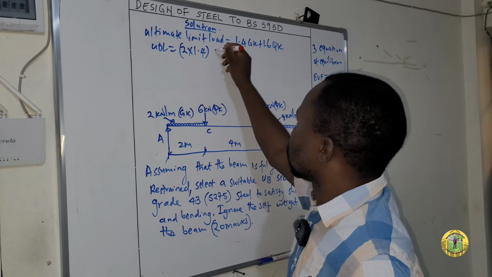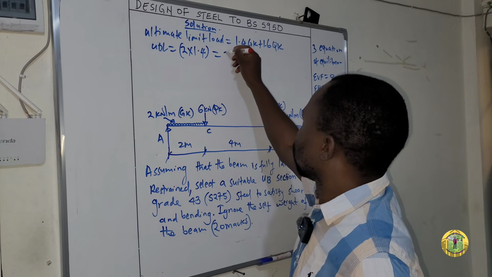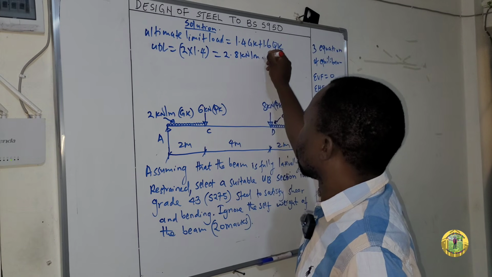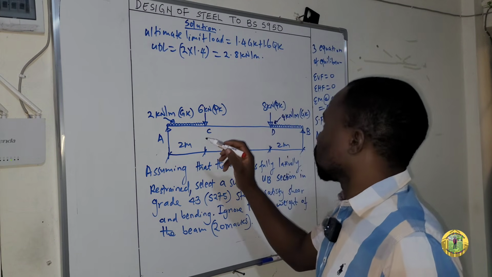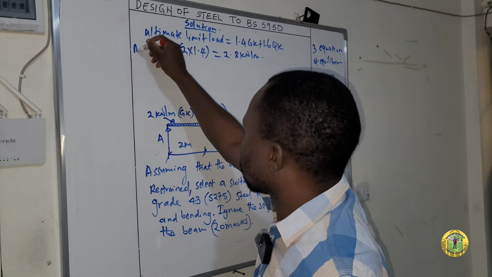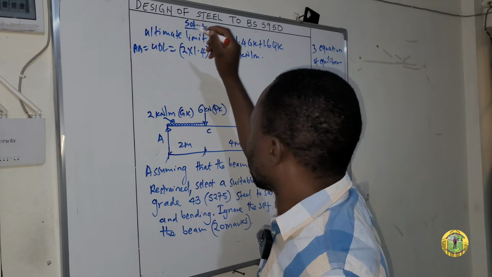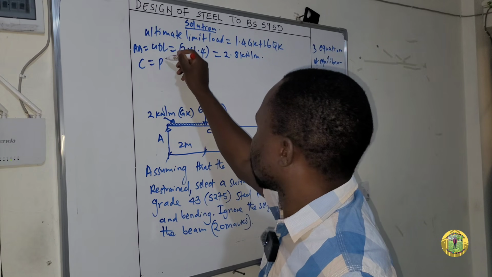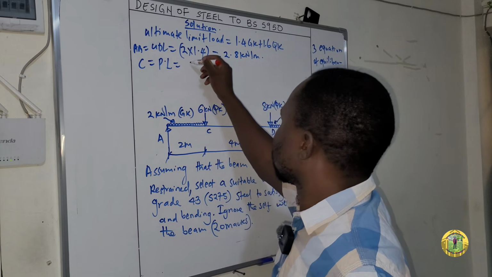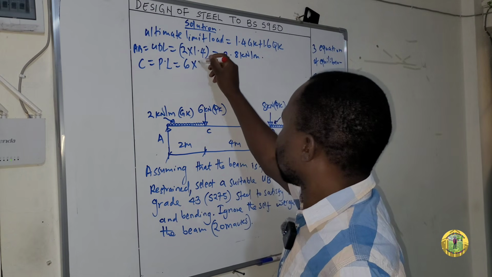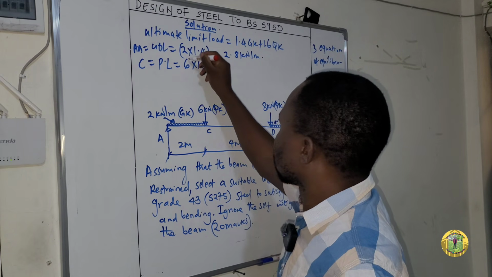So this one is equal to 2.8 kilonewton per meter. We'll come again to the point loads. So at C we have a point load, which is equal to 6 kilonewton. So it will be 6 times 1.6.